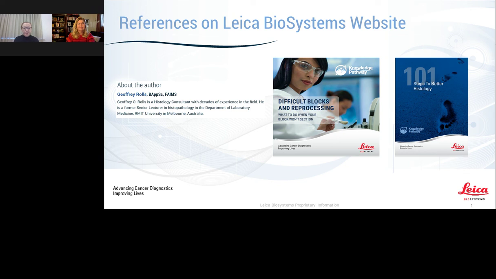They were authored by Jeffrey Rolls, who was a senior lecturer in histology at RMIT, and they're really excellent books. 101 Steps goes through very basic tips, some of which I have covered today, and difficult blocks and reprocessing. It talks you through some of the methods of reprocessing. There are quite a few decision trees, for example, if it's over-processed, reprocessing may not help, but then what do I do?